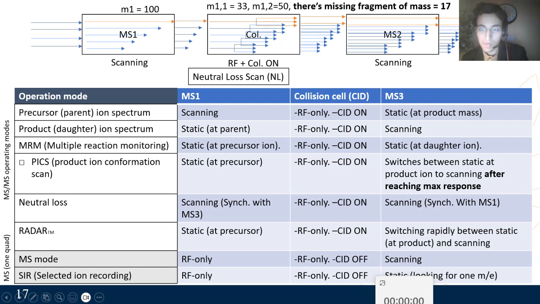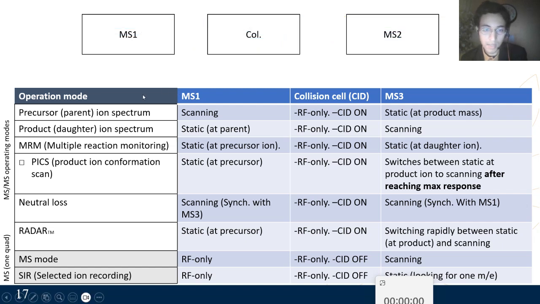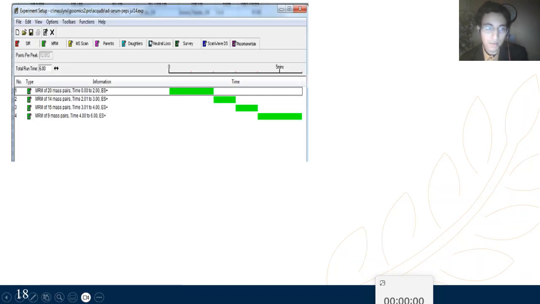This is also very interesting because in neutral scan we don't detect any cations; we detect the loss, the things that should have got into our mass spectrometer but did not, the neutral ions. Okay, these are the typical modes of operation for a quadrupole.